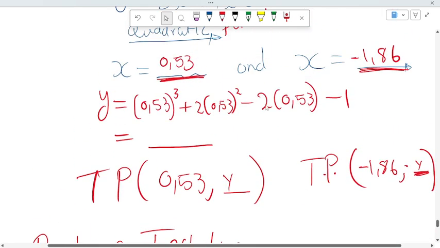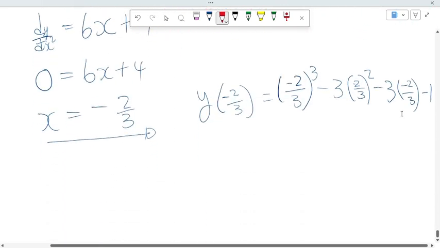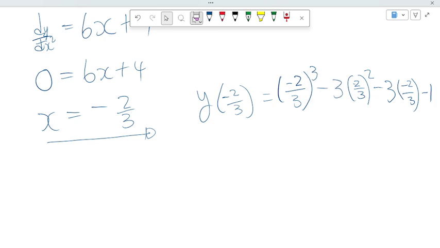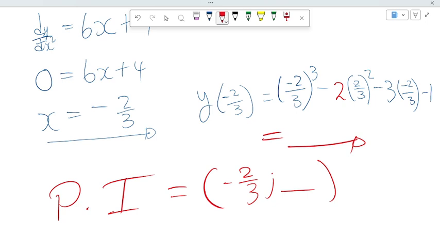So here I made a mistake as well. Then you find the y value for it. That's your point of inflection, your PI: negative 2 over 3 and then the y value.